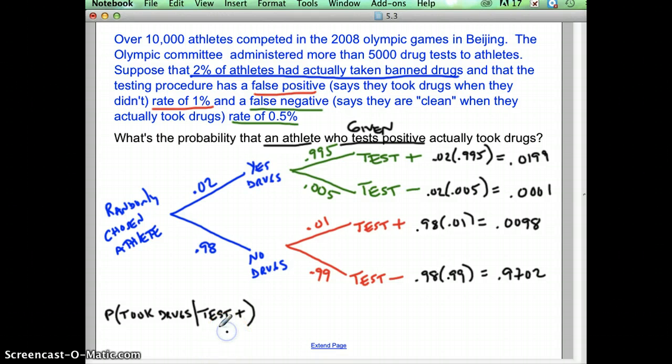Okay, so out of all the people who tested positive, what's the probability that they actually took drugs? Well, we can use our conditional probability formula that says that we would do the probability that they took drugs and test positive divided by testing positive.